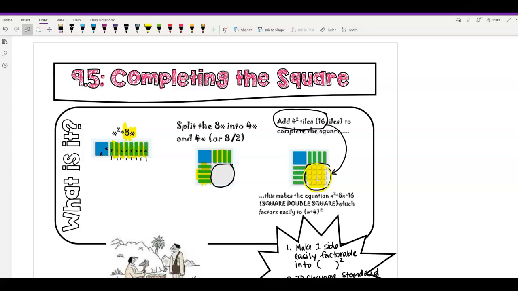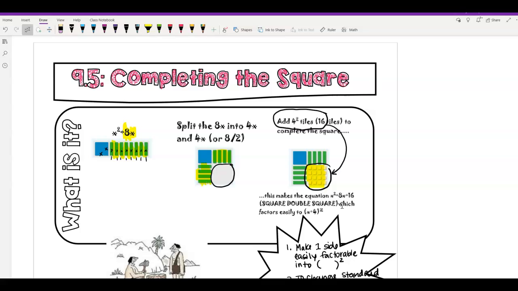That would make 16, 4 squared. So that gives me that perfect square trinomial of x squared plus 8x plus 16, which we can easily factor. And that's the whole point: we're trying to figure out what magic number will we get in these yellow units so that I can make that easily factorable equation.